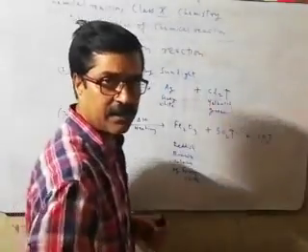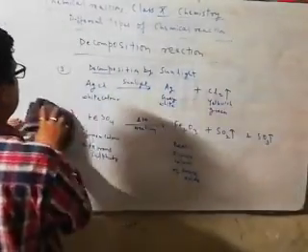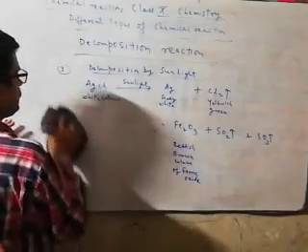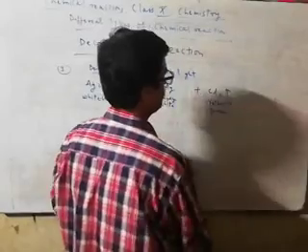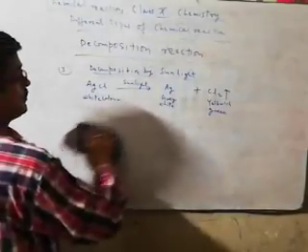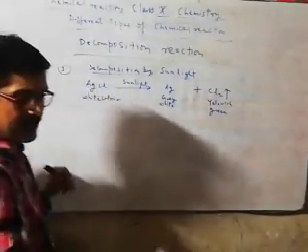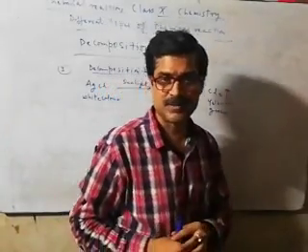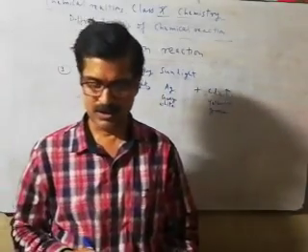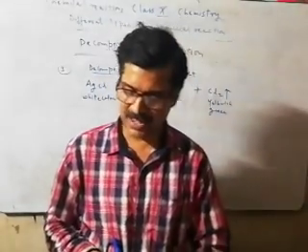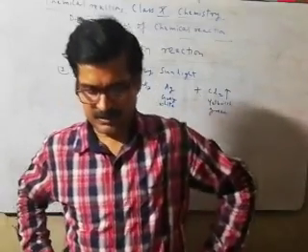Okay, now let us learn decomposition by electricity. You know, molten sodium chloride, that is also called brine solution. When electricity is passed through this molten sodium chloride, there is a decomposition reaction and sodium and chlorine gas are obtained.